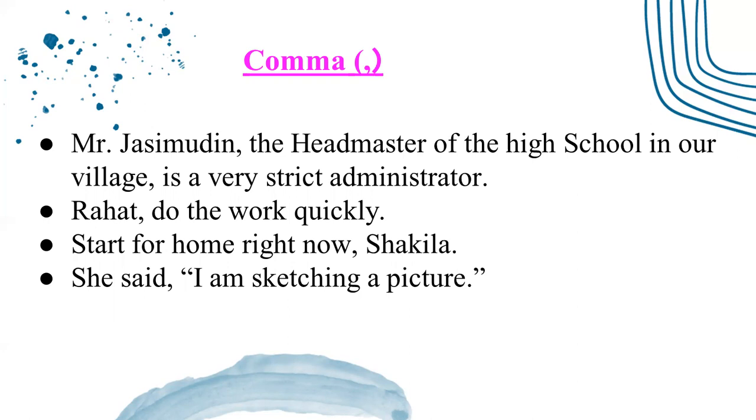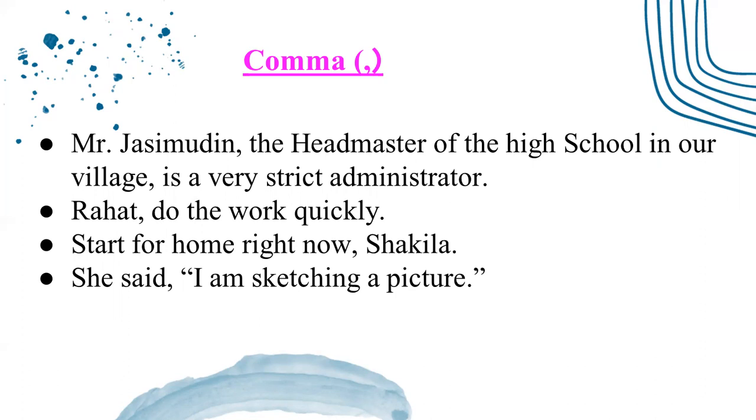In the next sentence, Shakila has been addressed to start for home right now, and this addressing word is at the end of the sentence. So before this addressing, there is a comma. Okay. Now come to the last sentence. She said, I am sketching a picture. In direct speech, after the reporting verb, comma is used. Said is a reporting verb here, and after this reporting verb, comma is used.